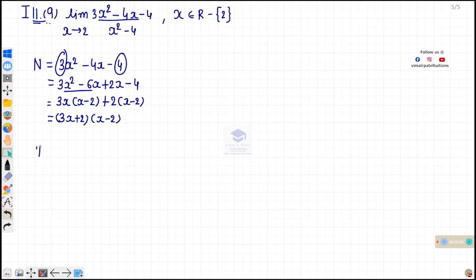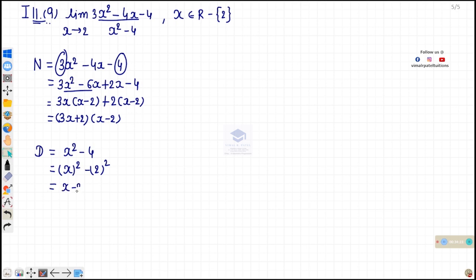Then the denominator. This is x square minus 2 square. a square minus b square is a minus b, a plus b. Tomorrow I will dictate all the standard forms of the factors. Okay?